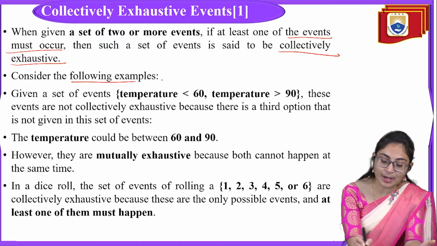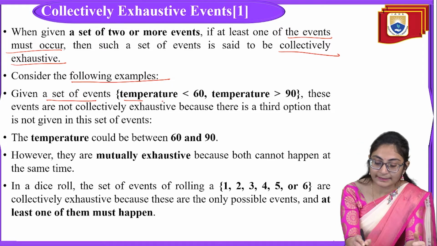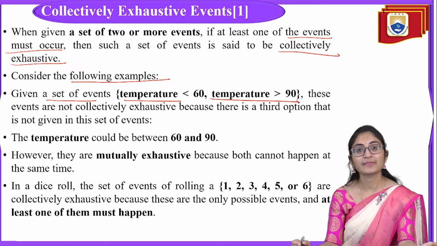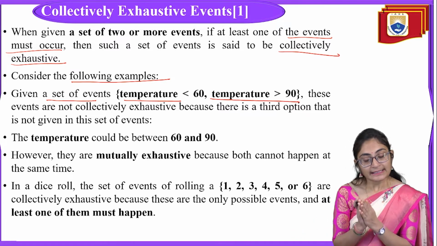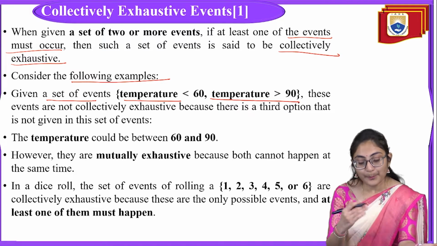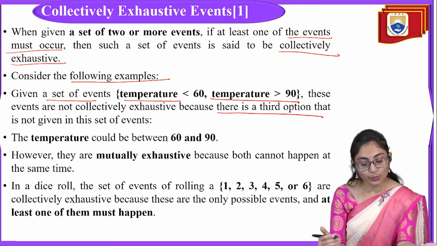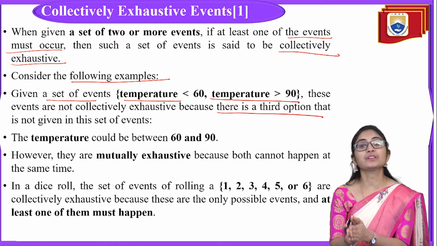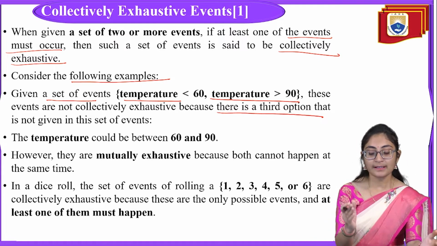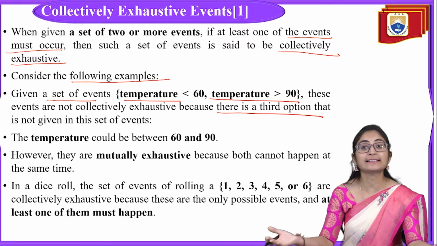Here there is one example. I have taken the set of events: temperature less than 60 and temperature greater than 90. These events are not collectively exhaustive, because there is another third option also.